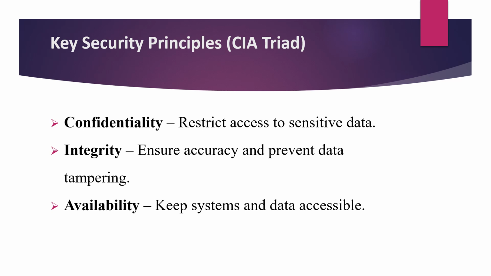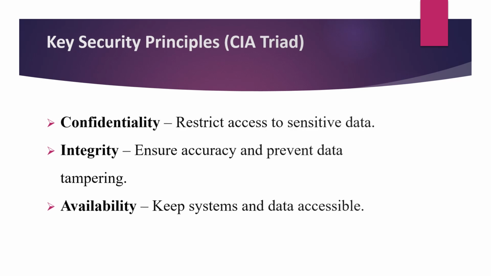For example, digital signatures verify that a document has not been altered. 3. Availability, ensuring that systems and data are available when needed. For example, backup systems and redundancy prevent downtime during cyber attacks. Understanding and applying these principles is essential for building secure applications.